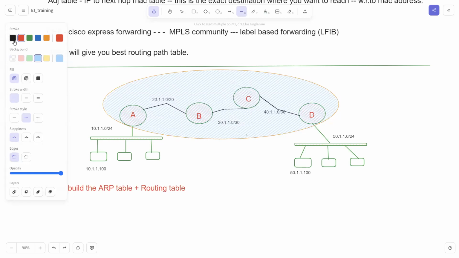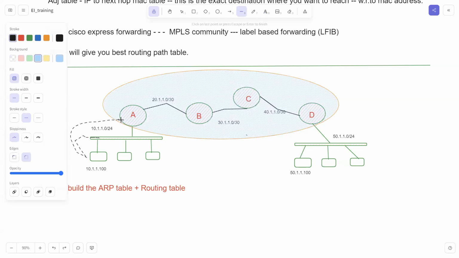This switch will first learn the MAC address. At the moment you send the frame, it will learn the MAC address. Now this router will do the ARP, reverse ARP or ARP, and this router has entries called IP plus MAC.